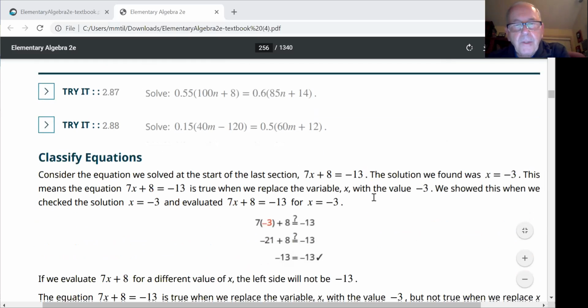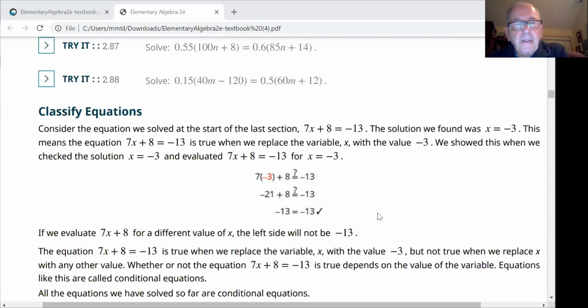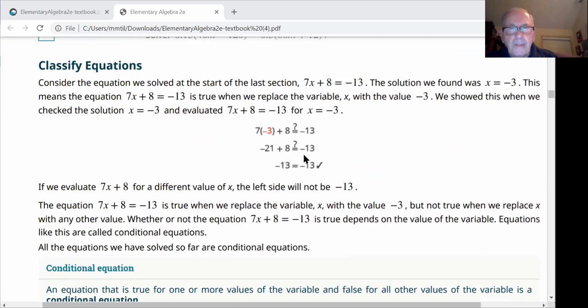Now we're going to get into the other kinds of equations. So we can classify equations as conditional. That's what these are, because they have one solution. This equation only works if we use the condition where the variable is equal to one value.